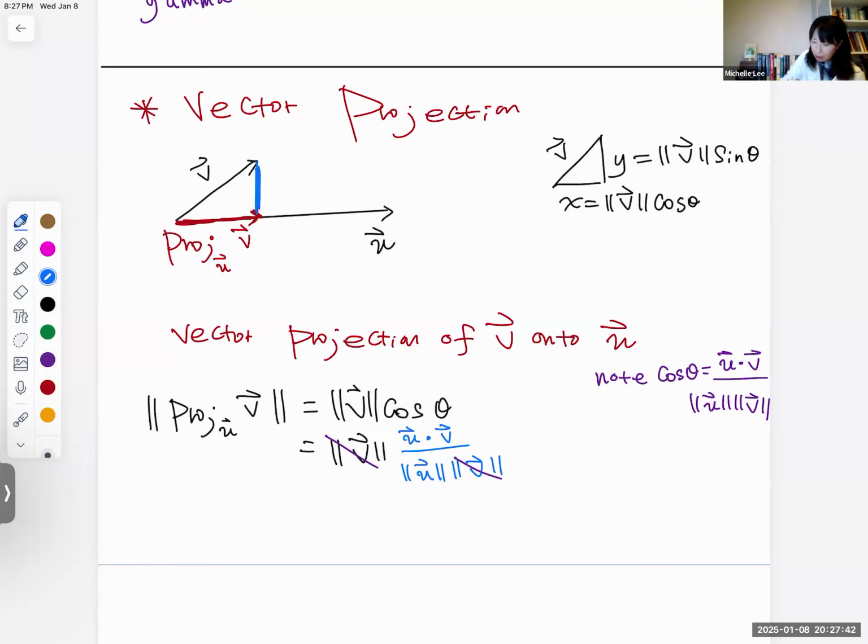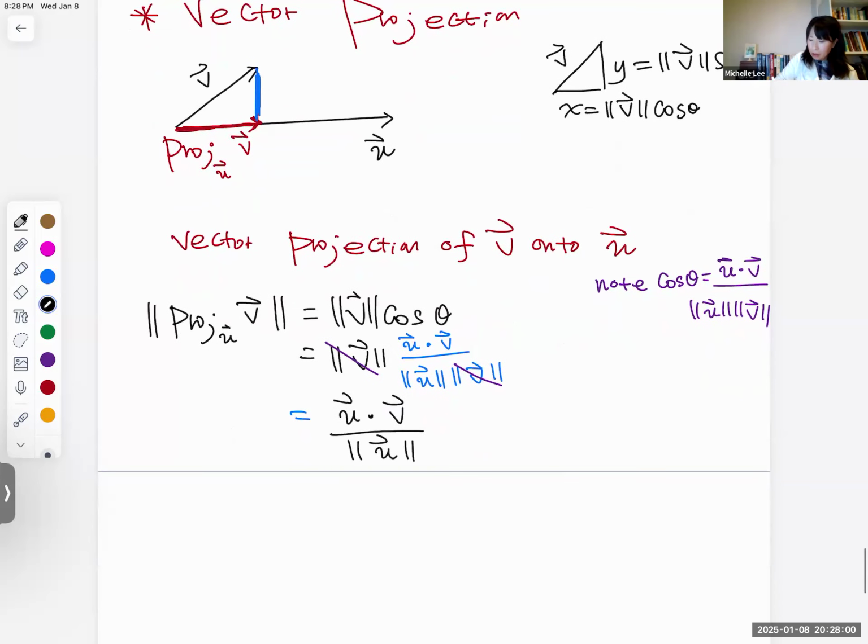Then we get the dot product of U and V over the magnitude of U. Okay, then we say that this is the component of V in the direction of U. A lot of terminology. Component of V in the direction of U.